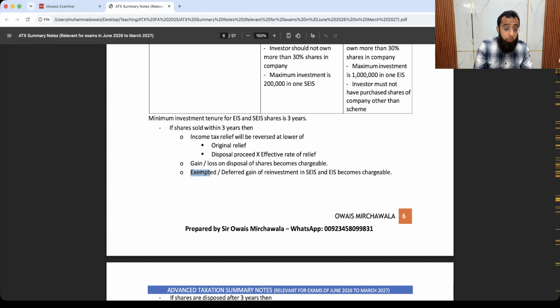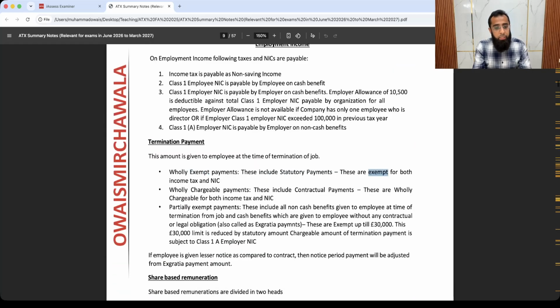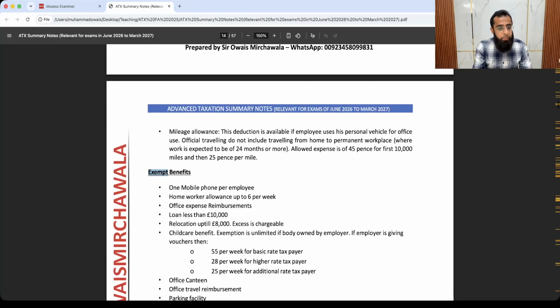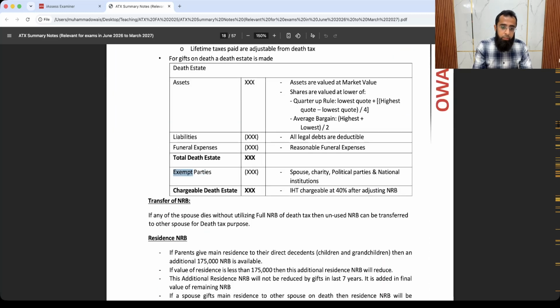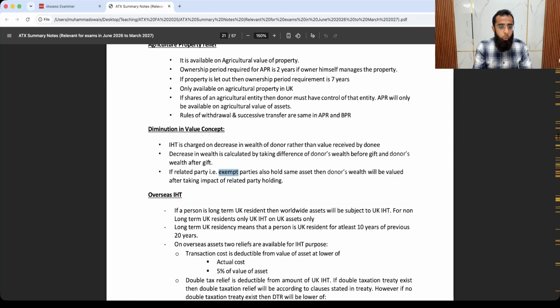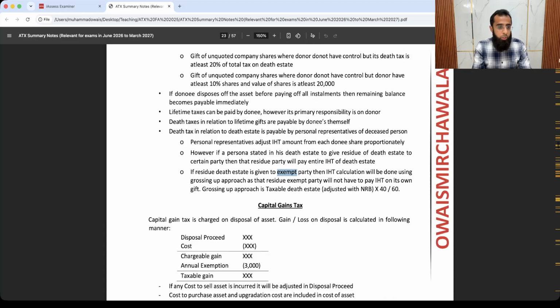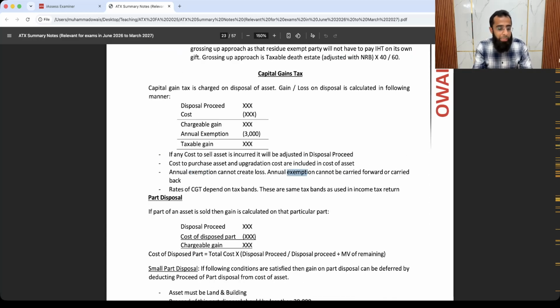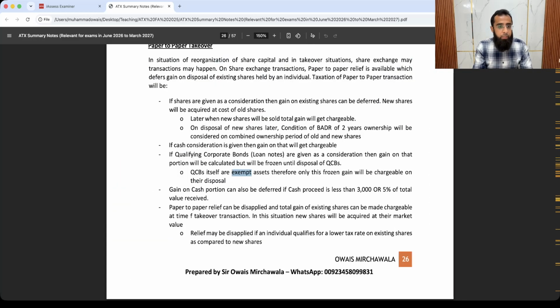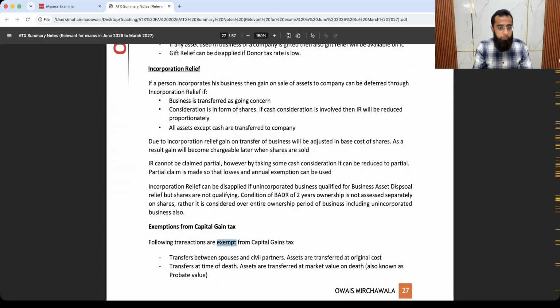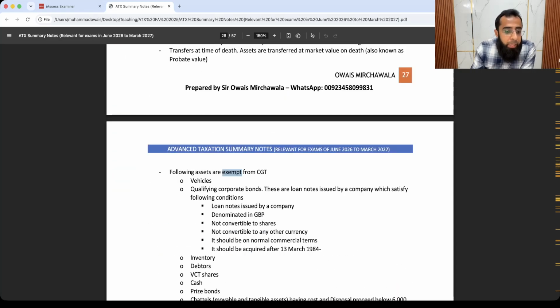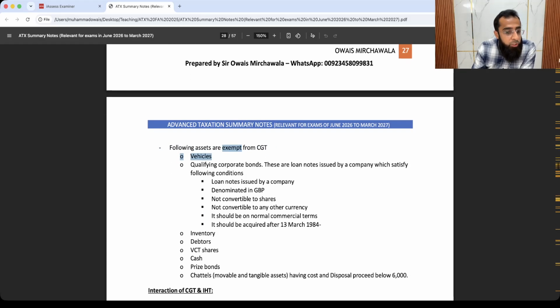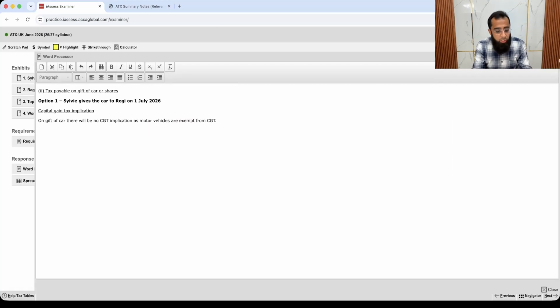Because the word exempt is used a lot of times, we need to search it. It would be available in capital gains tax. Here we go, searching the word exempt. I want to show you the list of exempt assets. Yeah, exempt assets from CGT. So motor vehicles are exempt assets from CGT. You can use these summary notes to refer to a lot. So there won't be any CGT implication.